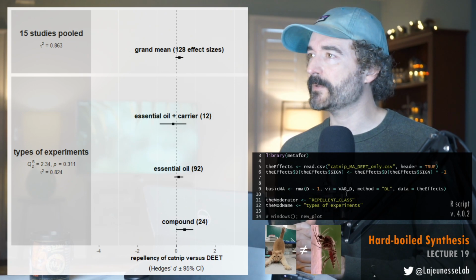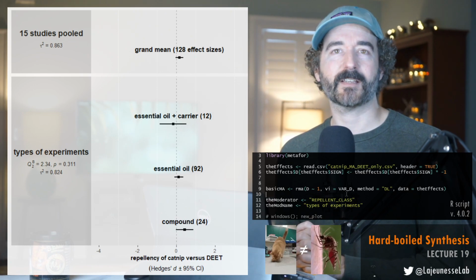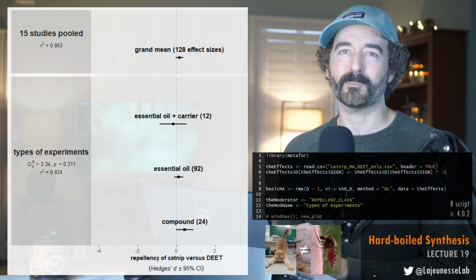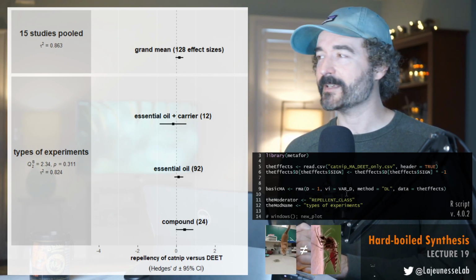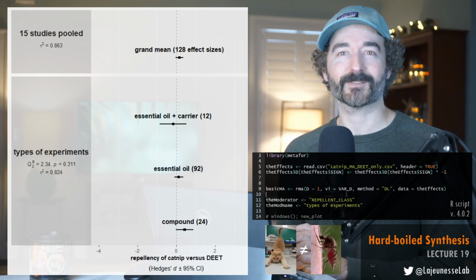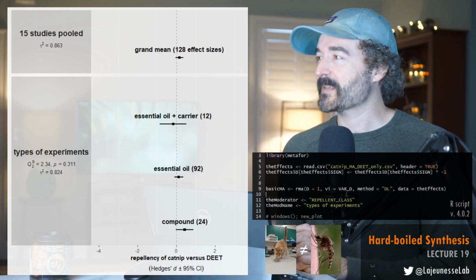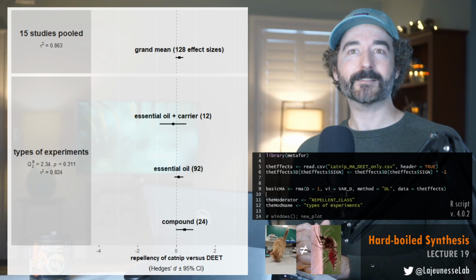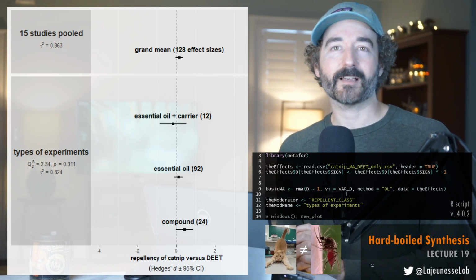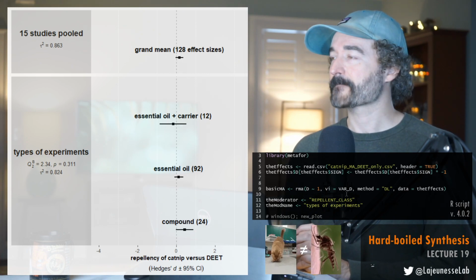So for example, the first thing I wanted to test was, this is a super boring methodological potential moderator, if you remember way back in the lectures, the goal was to extract Hedges D effect sizes. These effect sizes use means, standard deviations, and sample sizes to compute an effect size.